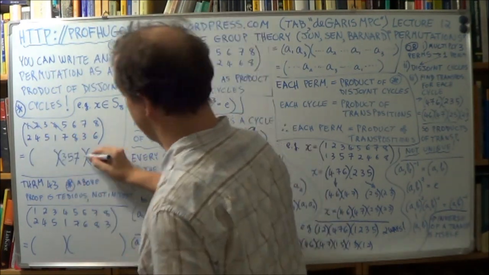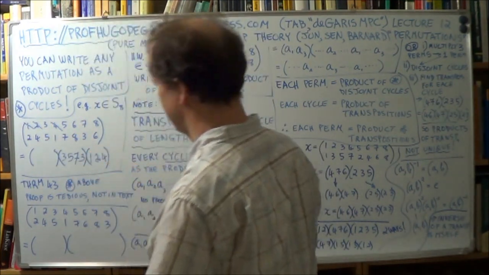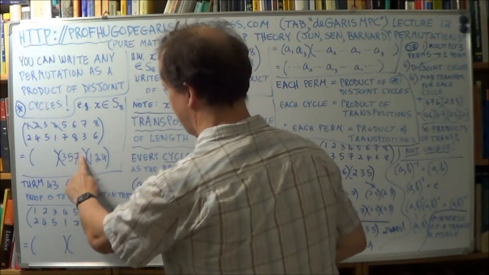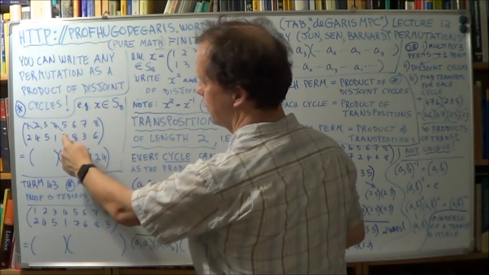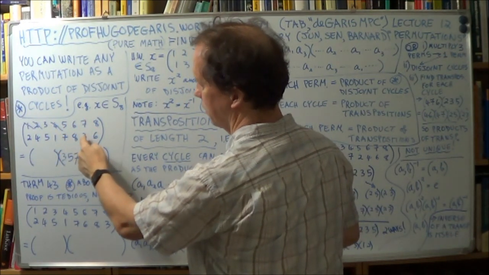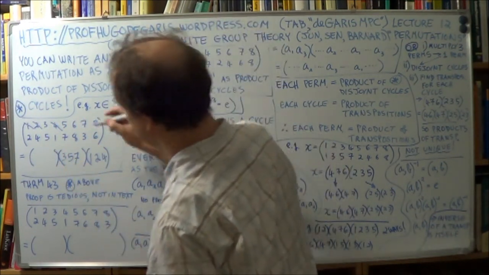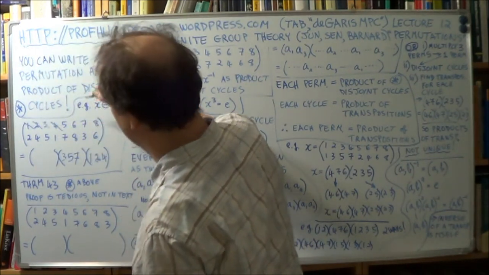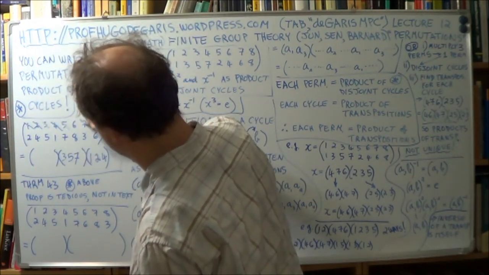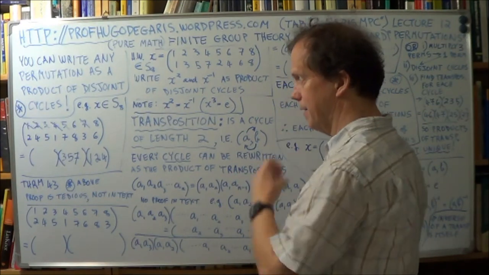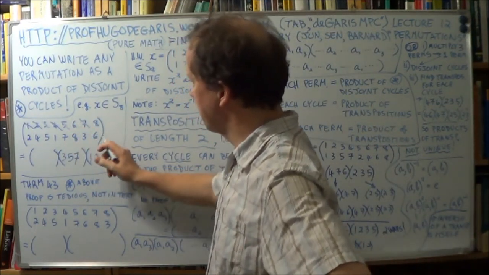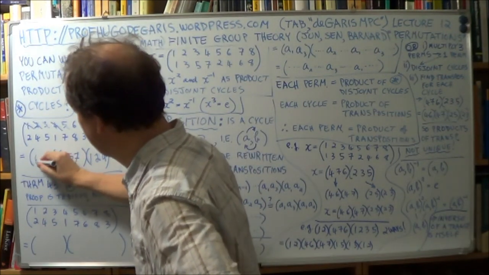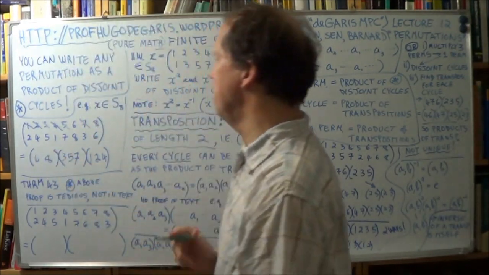So there's another cycle. 3 goes to 5, 5 goes to 7, 7 goes to 3. Okay, so we can eliminate those. And so we're just left now with 6 goes to 8, and 8 goes back to 6. So here's (6 8).